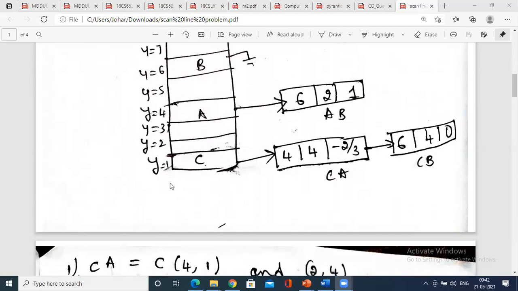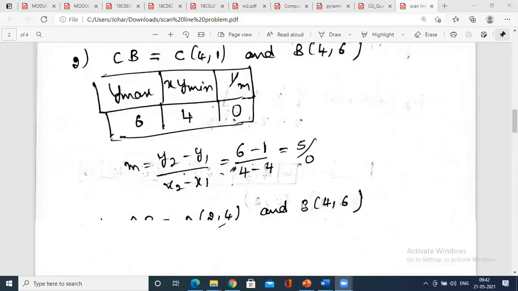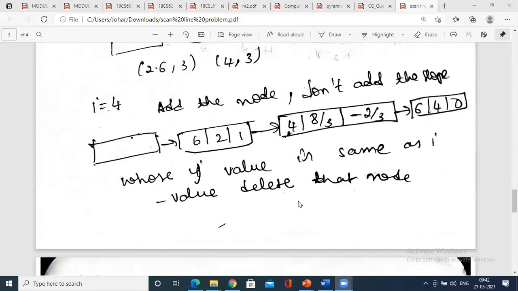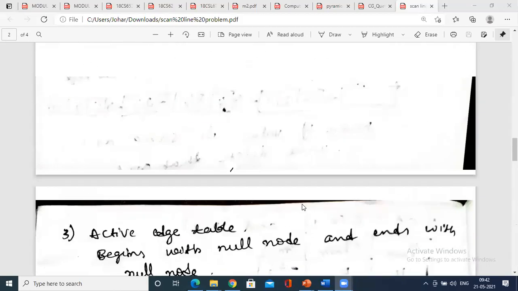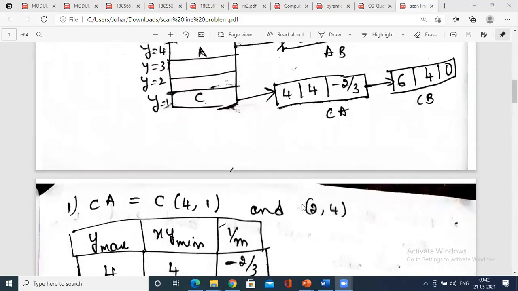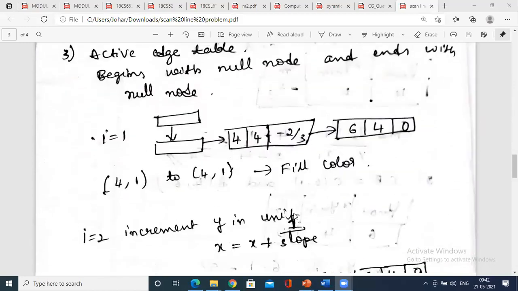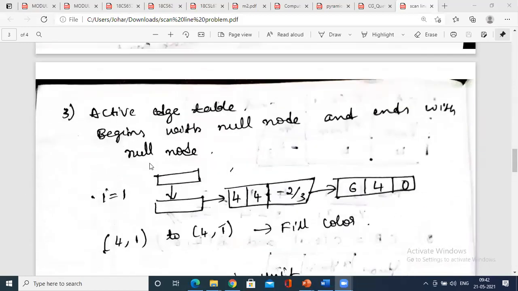We do not have y equals 0, so we have to start with y equals 1. At y equals 1, what is there in the global edge table? Just copy this into the page. Okay, now fine. I'll forward this sheet. Here, the active edge table begins with a null node and ends with a null node. So the same thing I have copied from the global edge table at y equals 1. At y equals 1, what do we have?